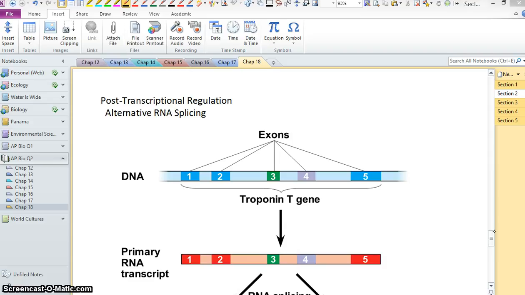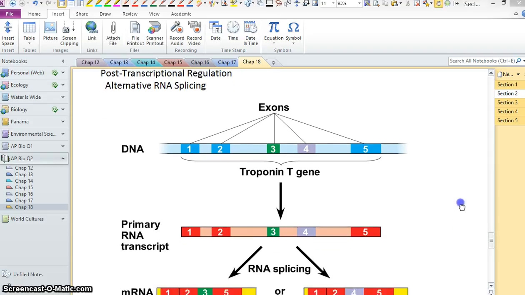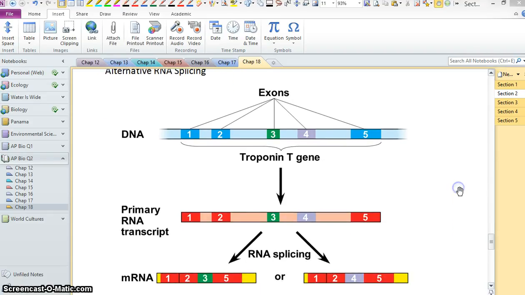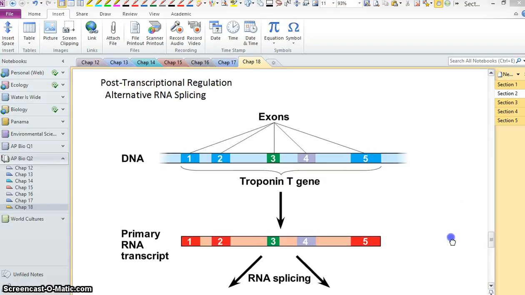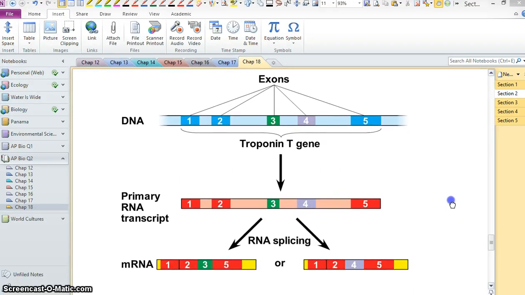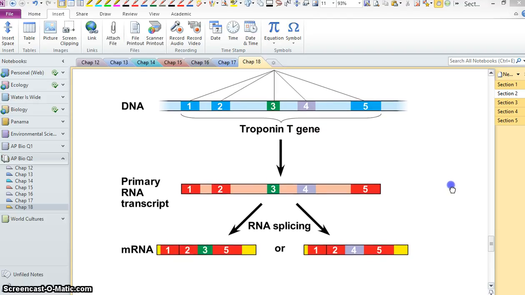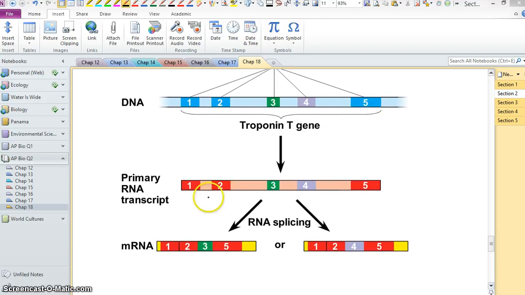Okay, so after transcription, you've made your RNA, and we've got these different exons, and there's a process we call alternative RNA splicing. So we've got these 5 exons, and you might use all 5 of them to produce a particular RNA and then a particular protein, or you might splice them together in different combinations.